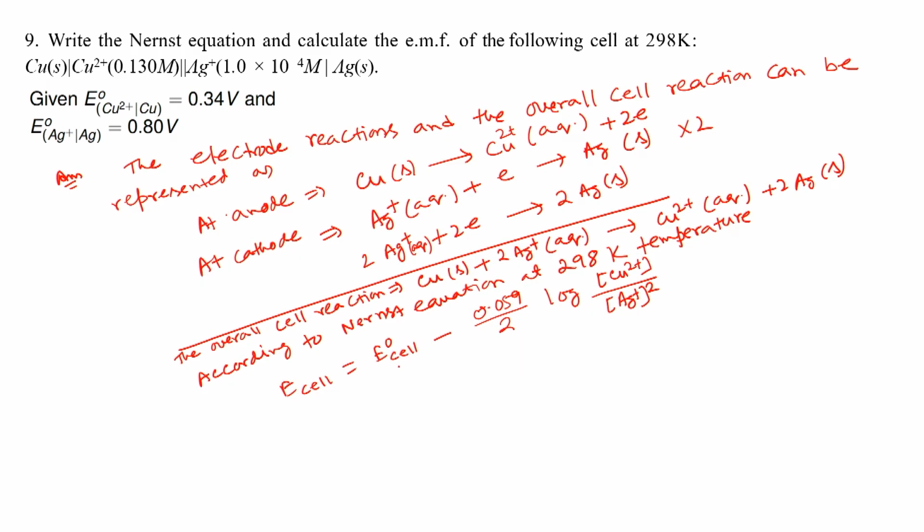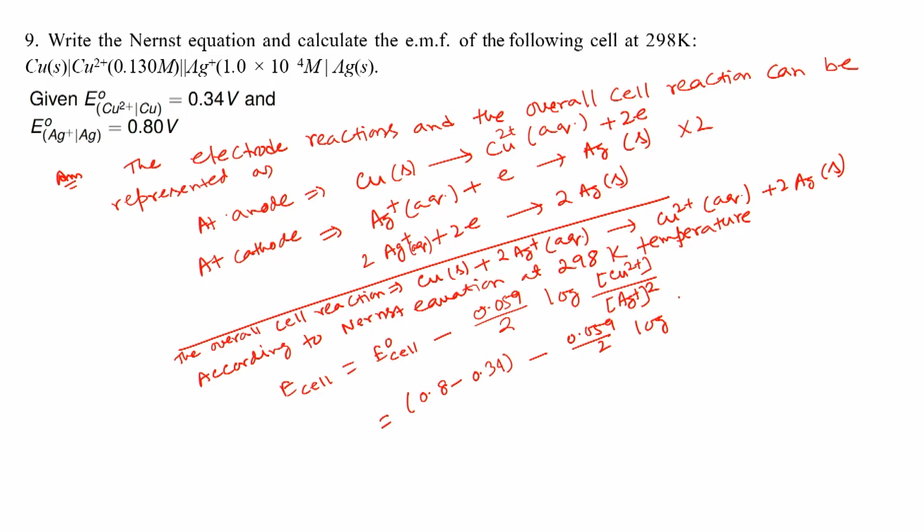Now what is E naught cell? E naught cell we can write as cathode minus anode, so E naught cell is 0.8 minus 0.34, and then minus 0.059 by 2 log.